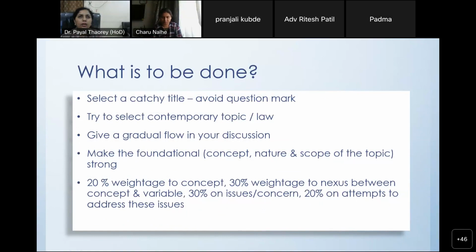Okay, as I have said कि already existing topics पे लिखोगे ना तो थोड़ा सा level of acceptance उसका कम हो जाता है, because already many papers on that same topic has been published in that journal, and now they have a choice because more than 1,000 people are contacting them for their journal, so they will select the best, and that's why they will avoid all the older versions of that topic, and that's why contemporary version is more welcome. And then give a gradual flow in your discussion.